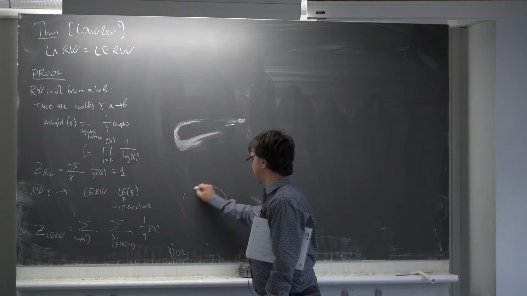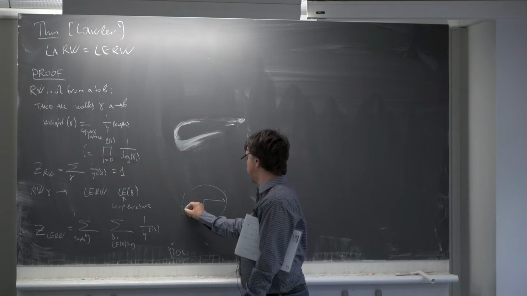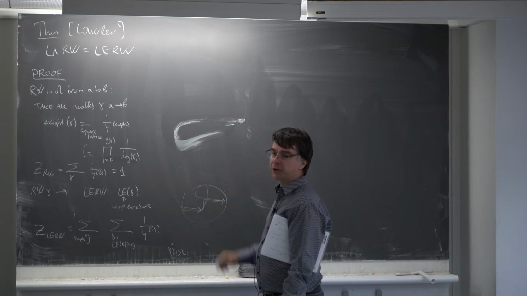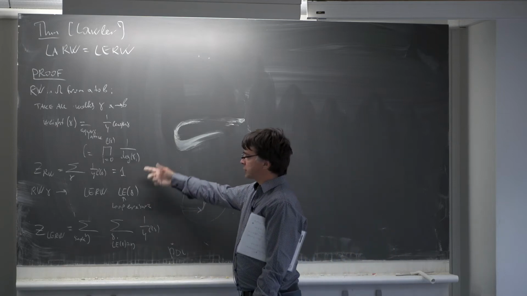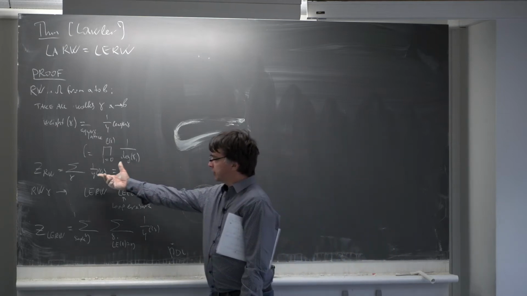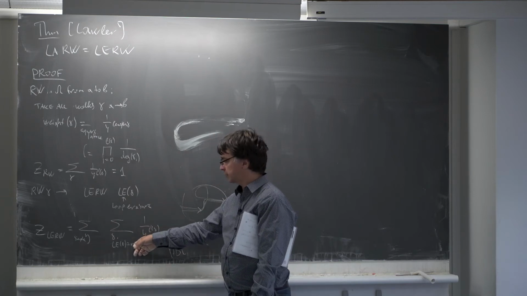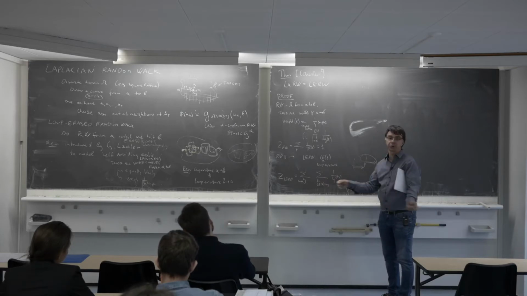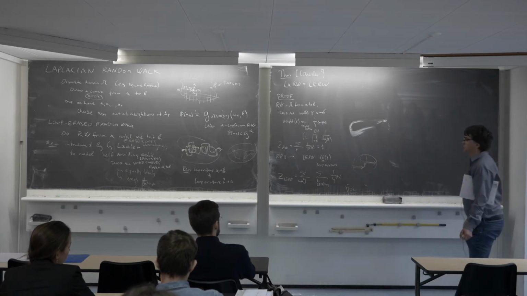For example, this curve you can obtain as a loop erasure of many curves, for example this curve itself, or such a curve, which is again loop erased to many others. So the difference between these two partition functions is that you group gammas with the same loop erasure. Or going back, each simple curve comes from many random walks.